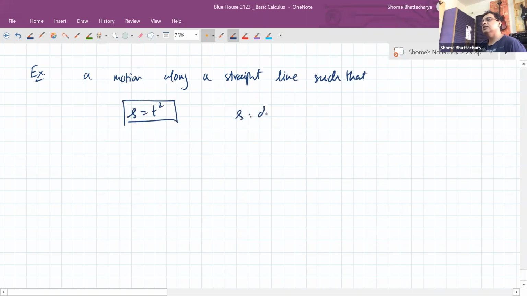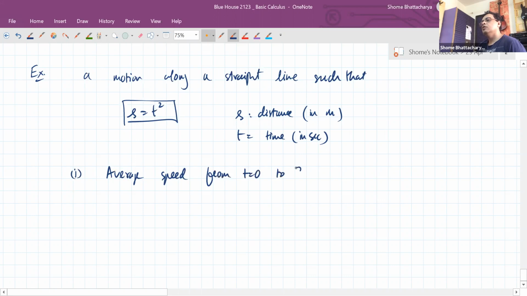So S is distance in meters, and t is time in seconds. First thing we want to do is calculate the average speed from t equal to 0 to 2 seconds. Now, can you tell me how much this will be?